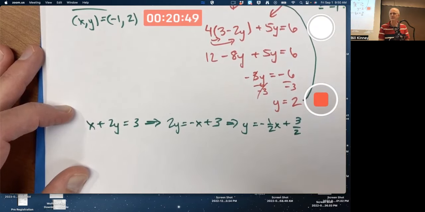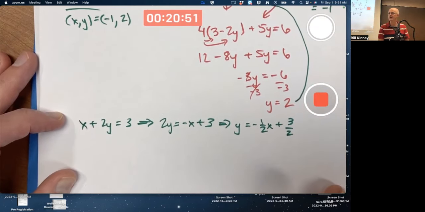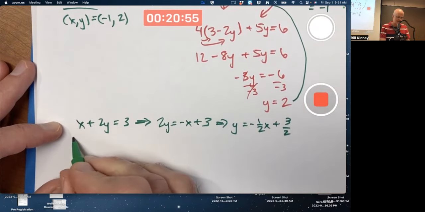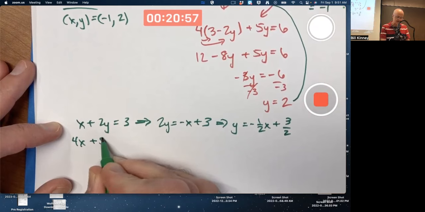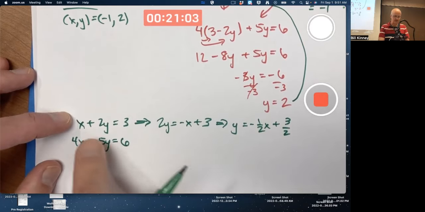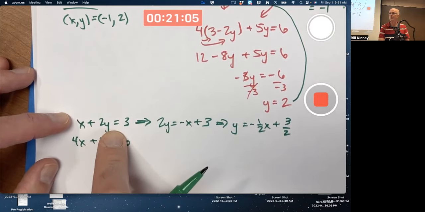You don't have to do this, by the way. You can graph the equations without writing in slope-intercept form, essentially by finding the x and y intercepts and connecting them with straight lines. You can find the x-intercept of this one, for example, by replacing y with 0 and solving for x, to get x equals 3.